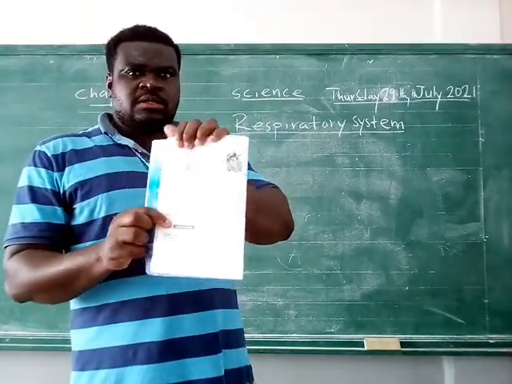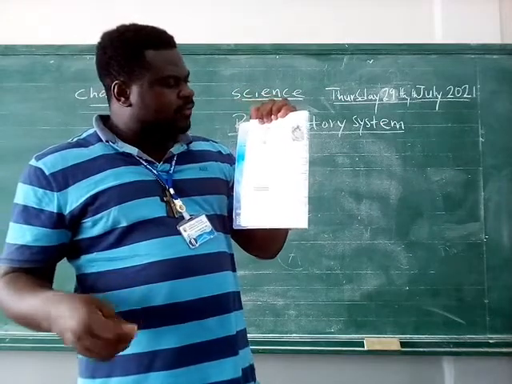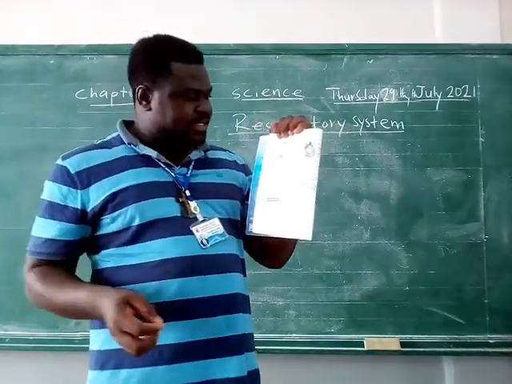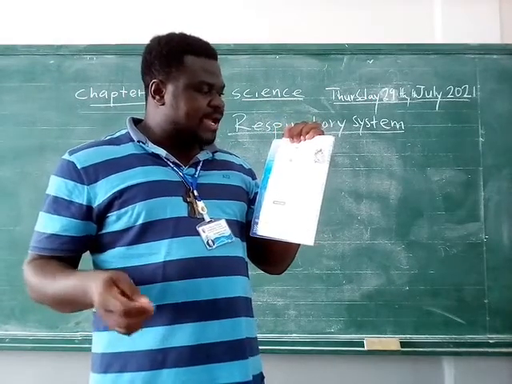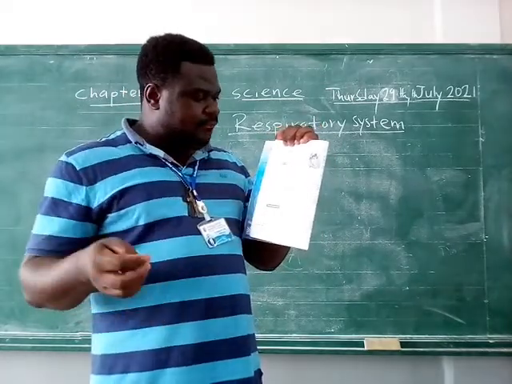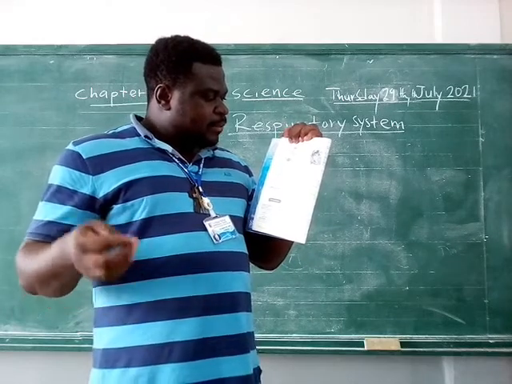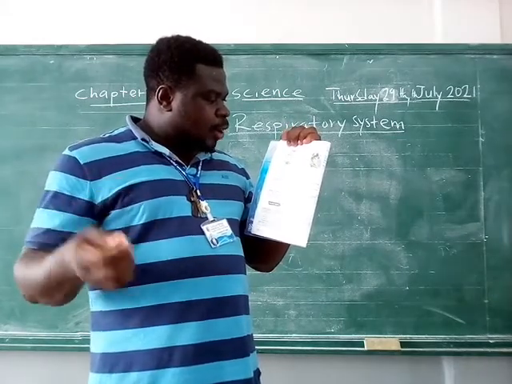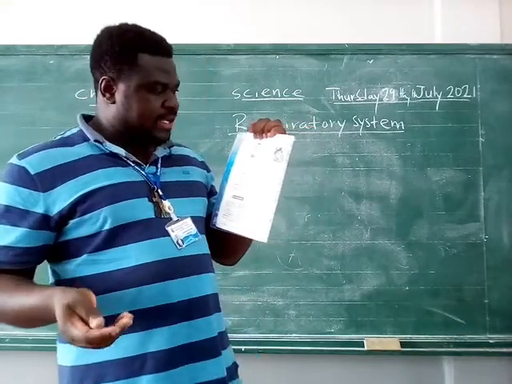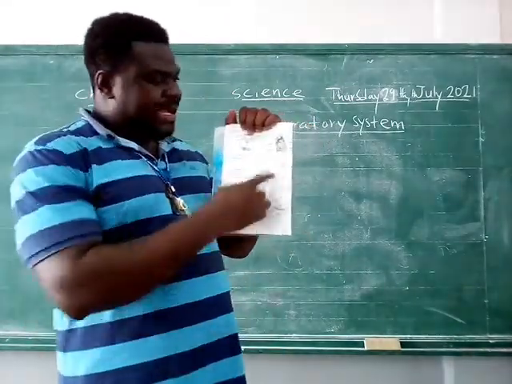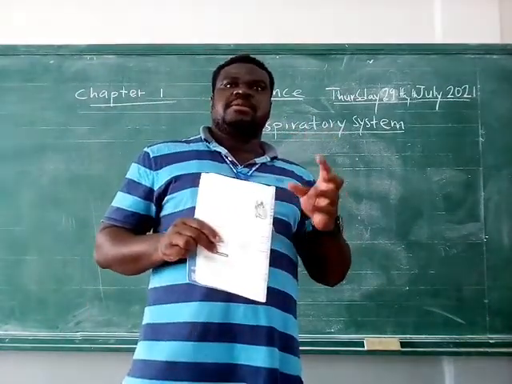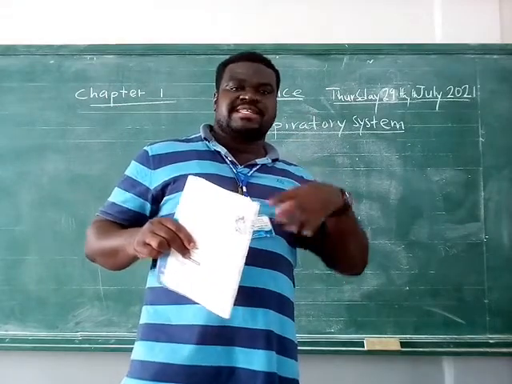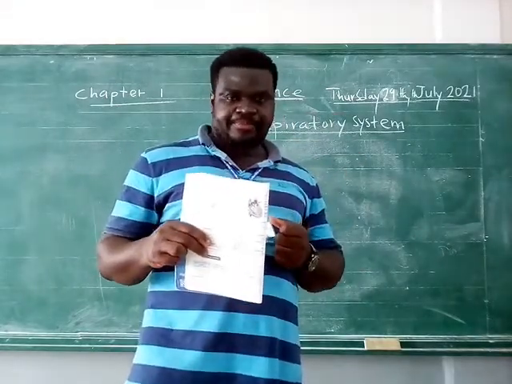We have the pulmonary arteries, the vena cava, the pulmonary veins, the aorta, the heart, and the whole body except the lungs. Without oxygen, blood cannot circulate in our body system.